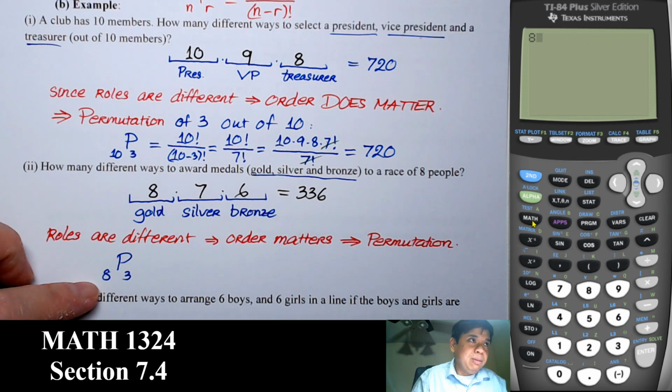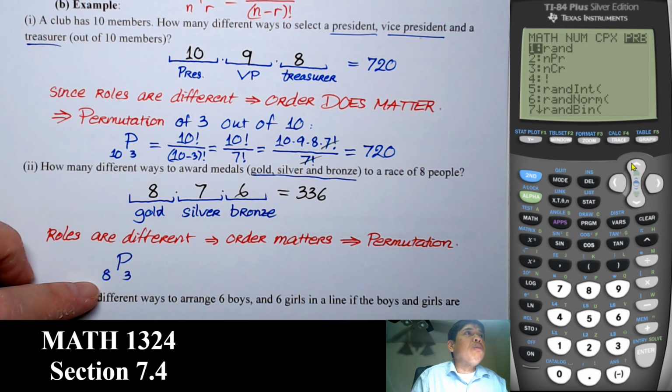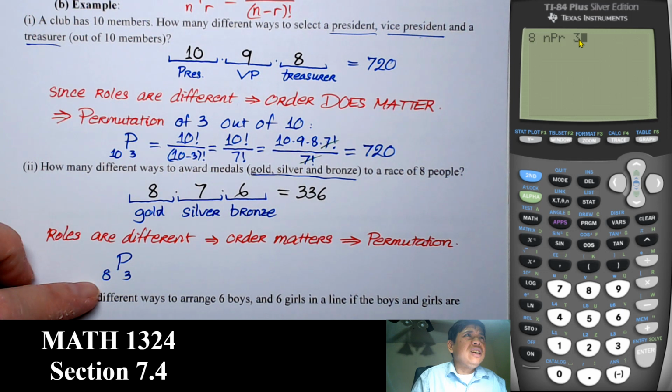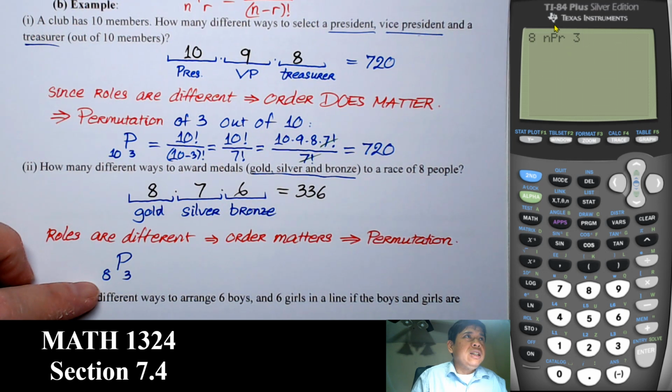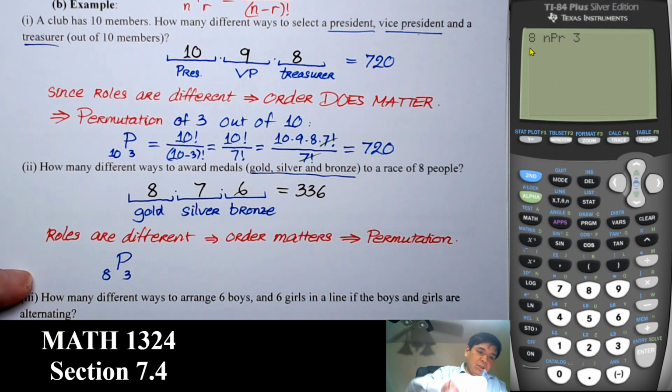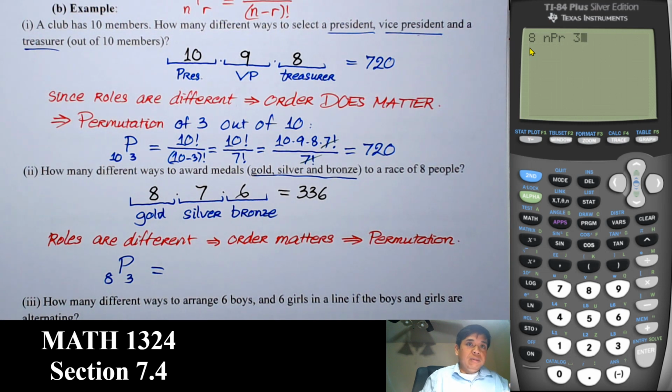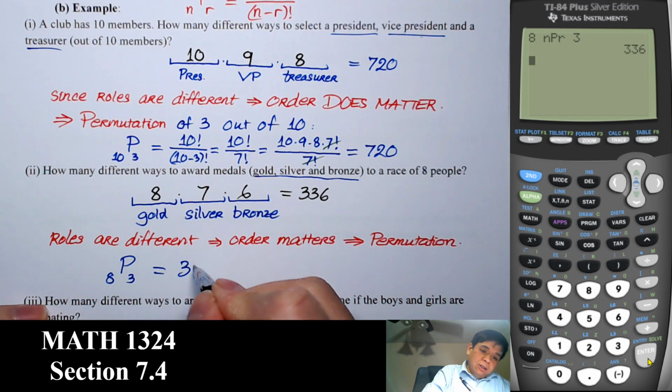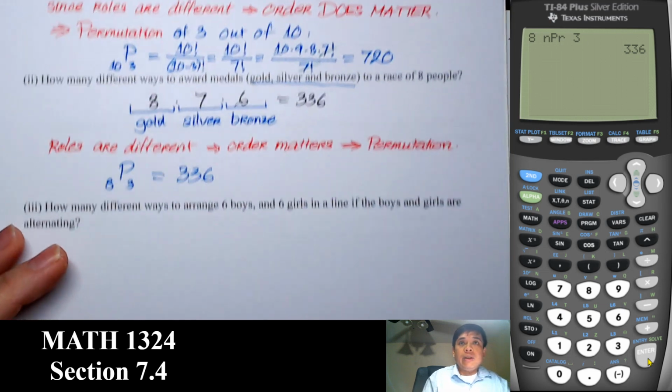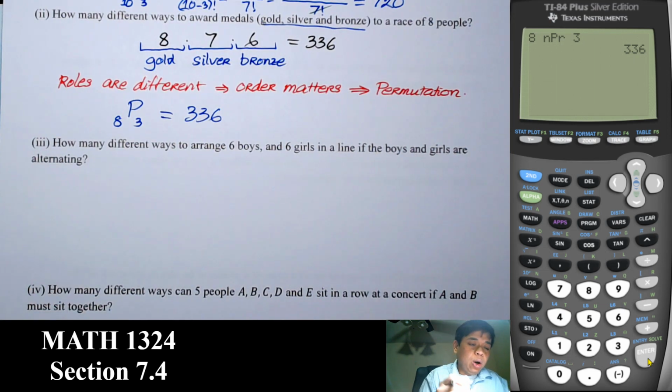Let's do that again. Probability, permutation, 3. So we choose 8, taking 3 out of 8. 336. Right. So whether you do it by hand or using the calculator is fine.